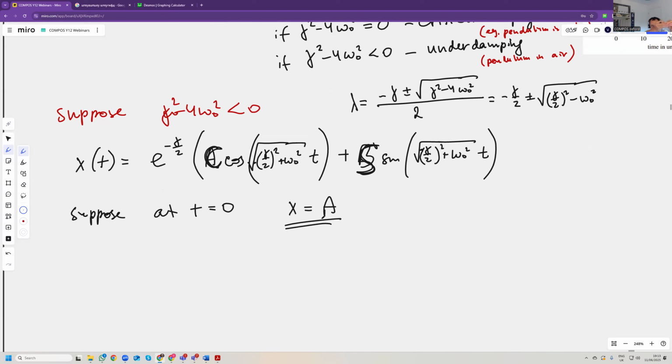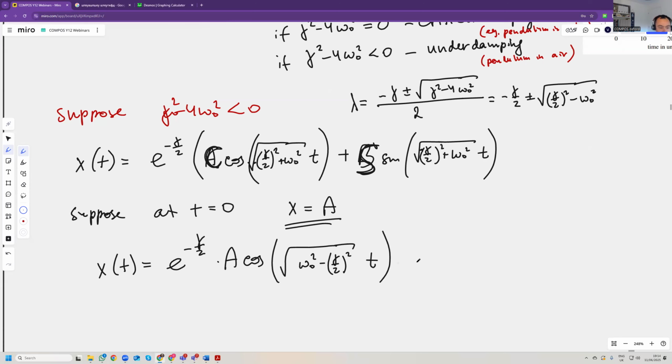So we release it from the furthermost position, and that means x of t is going to be equal to e to the minus gamma over 2 t multiplied by A cos square root of omega 0 squared minus gamma over 2 squared times t. Right.